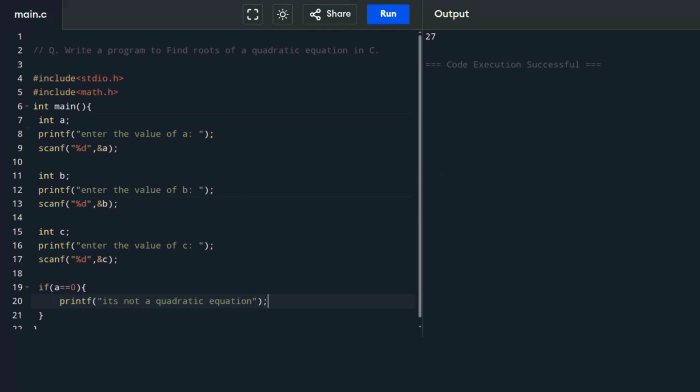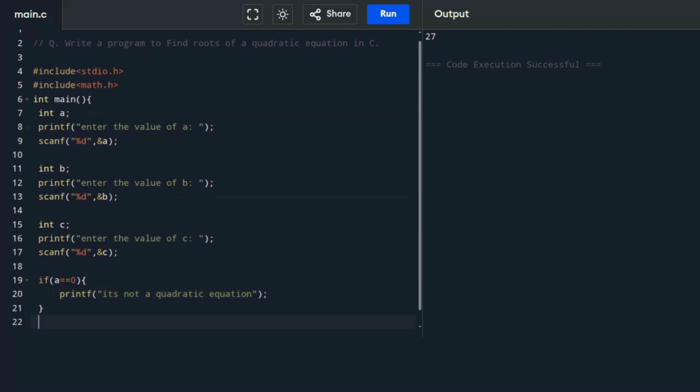And we will write else. So if a is equal to 0, the code will end here by writing it's not a quadratic equation, and if a is not equal to 0, the code will run further.